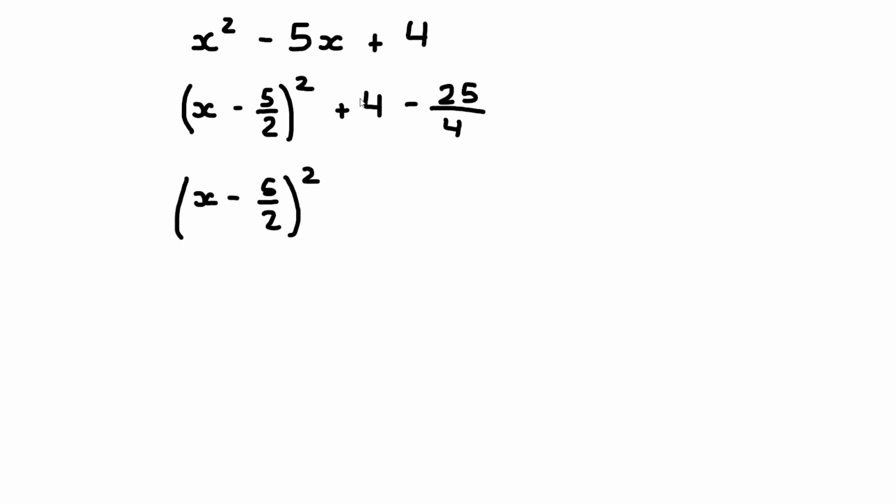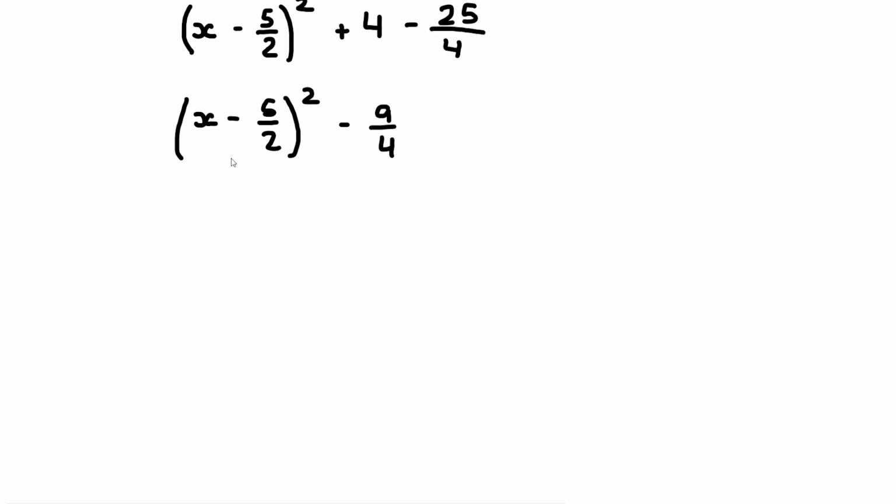Now 4 minus 25 over 4 will give you minus 9 over 4. And that means that our turning point is the negative of this and this. So we've got plus 5 over 2, because the negative of minus 5 over 2 is plus 5 over 2, and then minus 9 over 4. So this is our turning point.